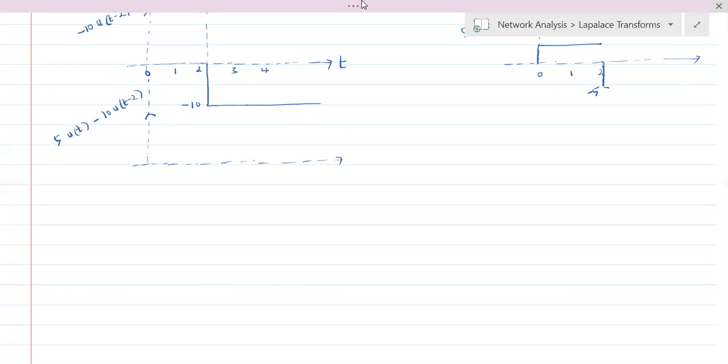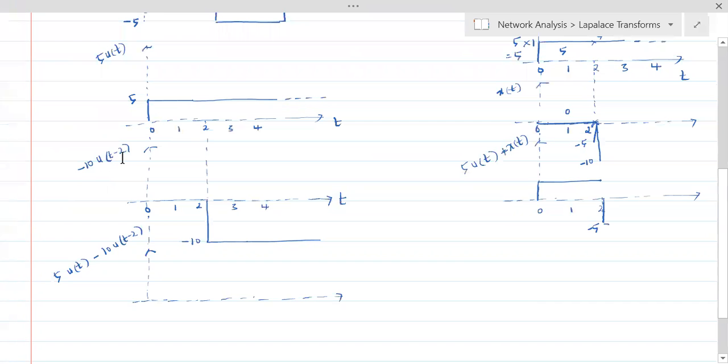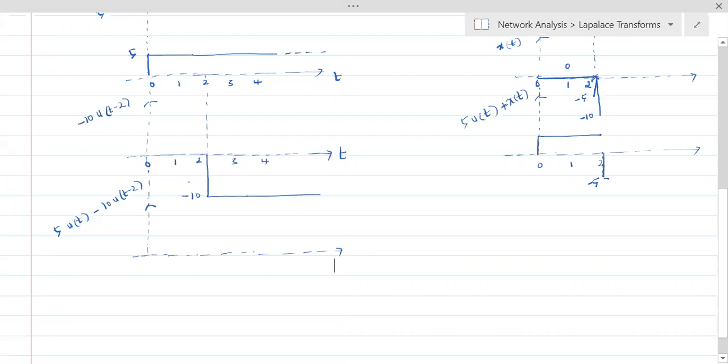I'm adding these two signals: 5u(t) and -10u(t minus 2). What would happen? From 0 to 2 it is 5, and from 0 to 2 the other one is 0. So 5 plus 0 would be 5. From 0 to 2 it is 5. 0, 1, 2.